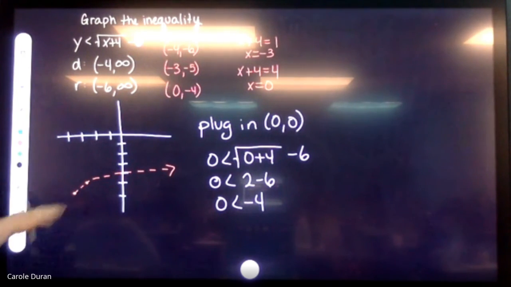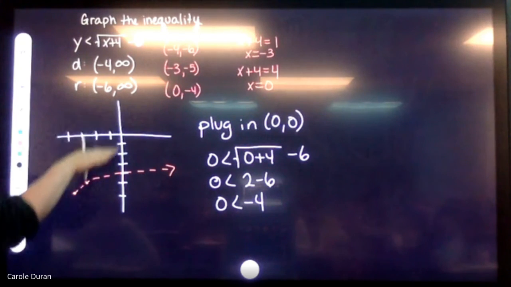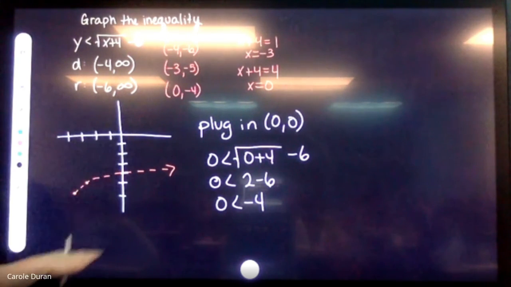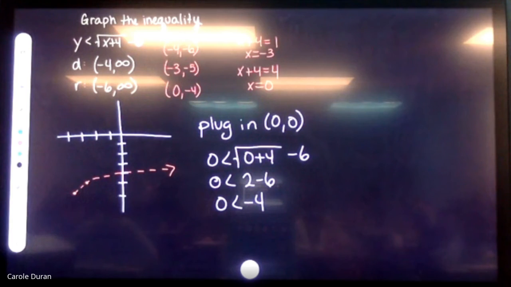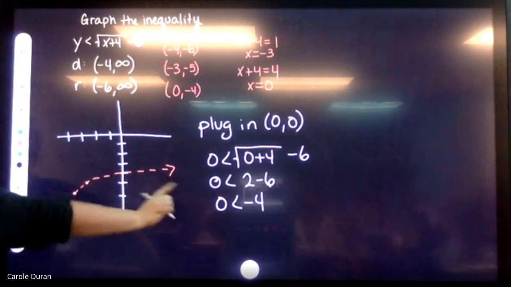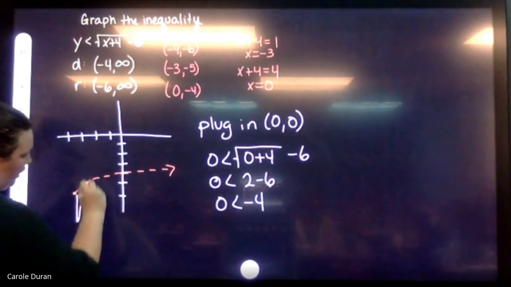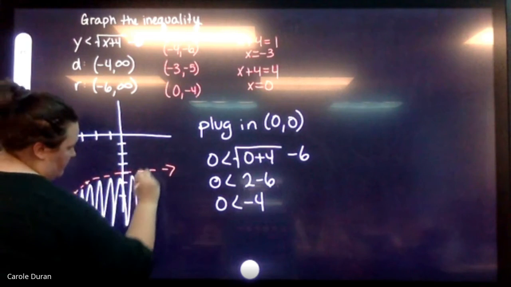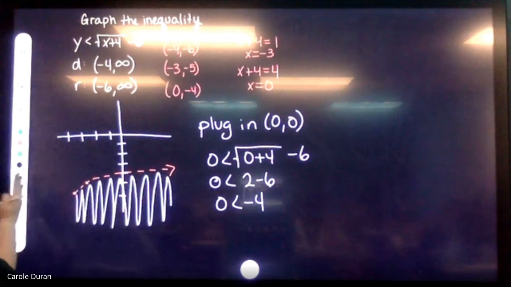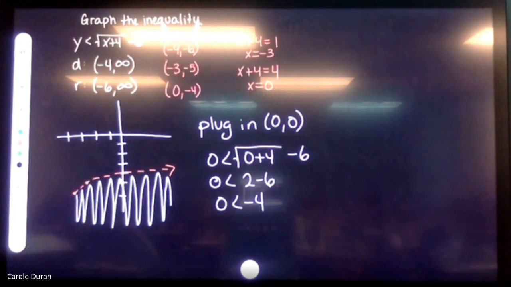No. So instead of shading above this dotted line, I'm going to shade underneath. But we only shade the domain. So my shading can only go from -4 to infinity. So I'm going to shade all of this. I can't go to the left of where my graph starts because that's not part of my domain. And then we're done.